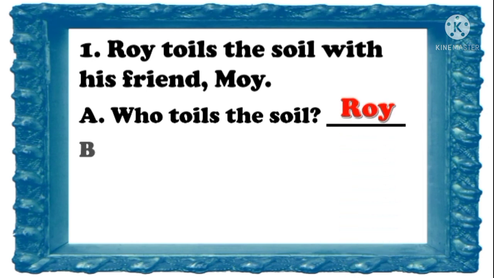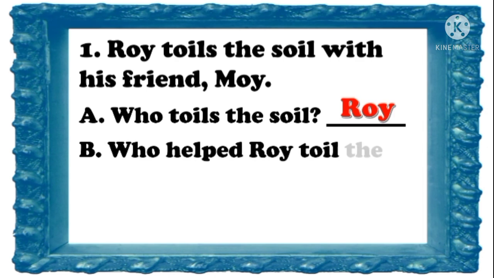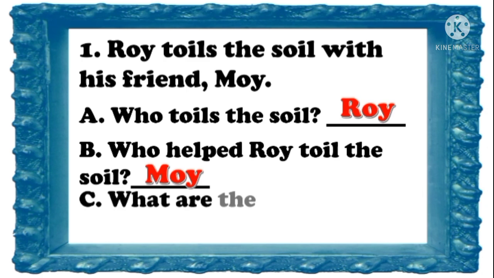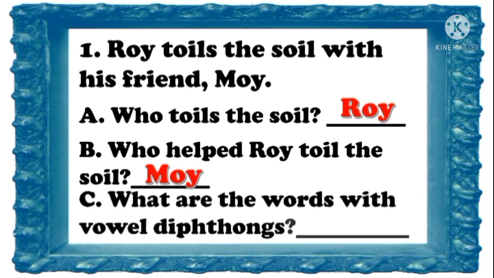Very good. Letter B. Who helped Roy toil the soil? The answer is Moy. Letter C. What are the words with vowel diphthongs in our sentence? These are Roy, toils, soil, and Moy.